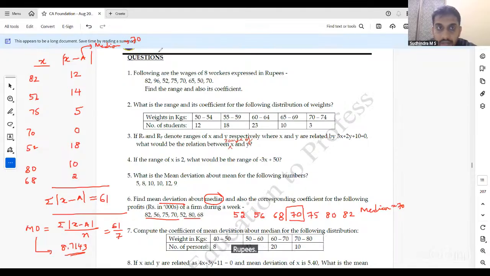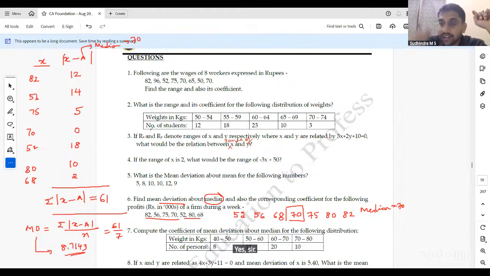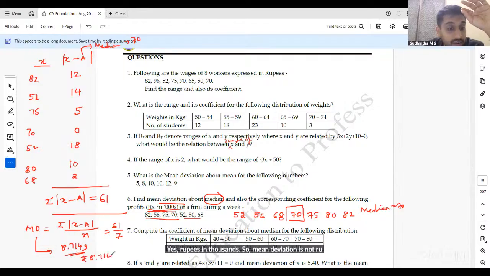Sir, thousands. Yes, rupees in thousands.